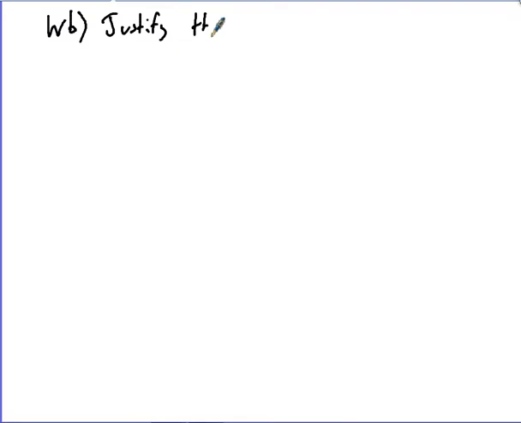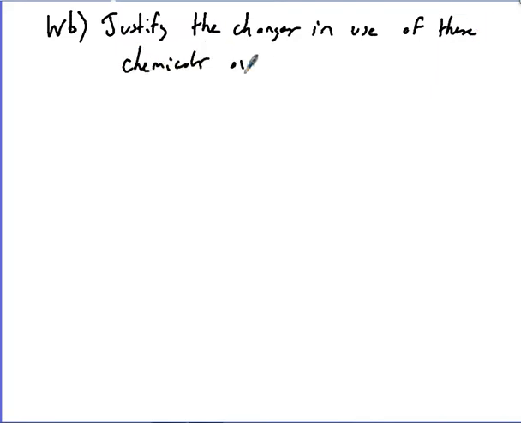Justify the changes in use of these chemicals over the last 30 years. And I might assign that to be, say, a 6-mark question, so that's 8 marks in total.